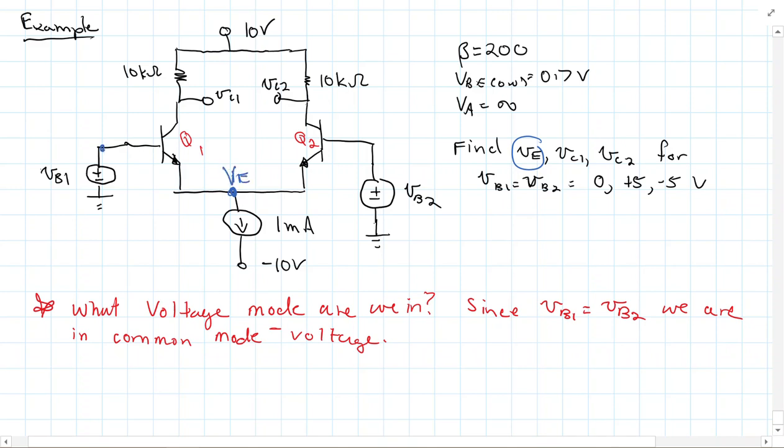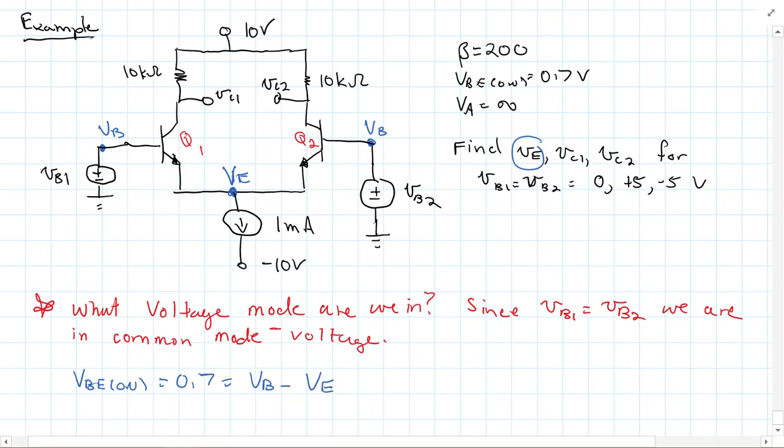And then I also know here, this is VB. And because they're tied together in common mode, that's also VB. And we also know that VBE on is 0.7, and since these are in forward active mode, that this would be VB minus VE.